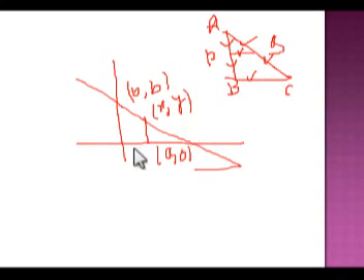We will use this here. This is y, this is b, and this is a. We will take this theorem for these two perpendiculars on the x-axis.